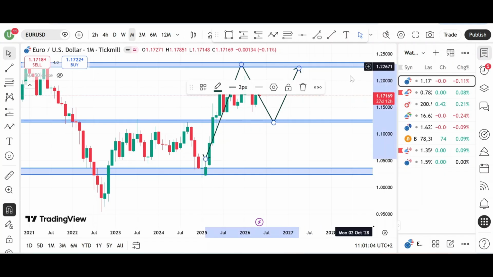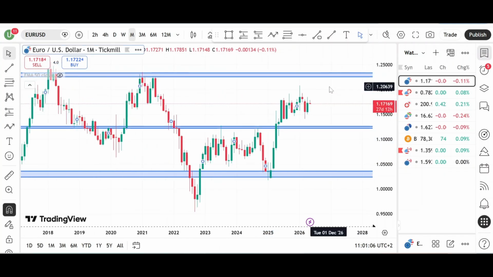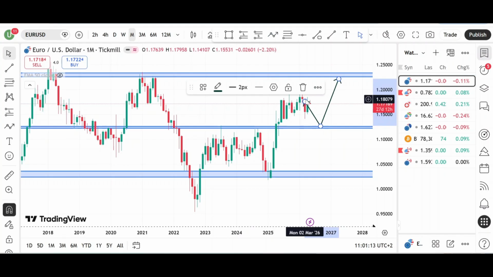So let's go to the weekly time frame to see if buyers will come to retest here before continuing, or simply what's going on.